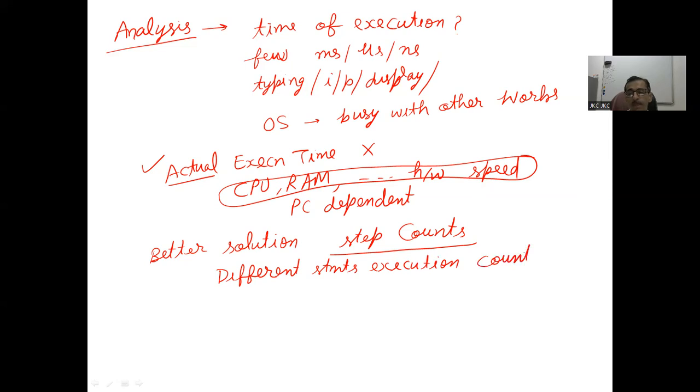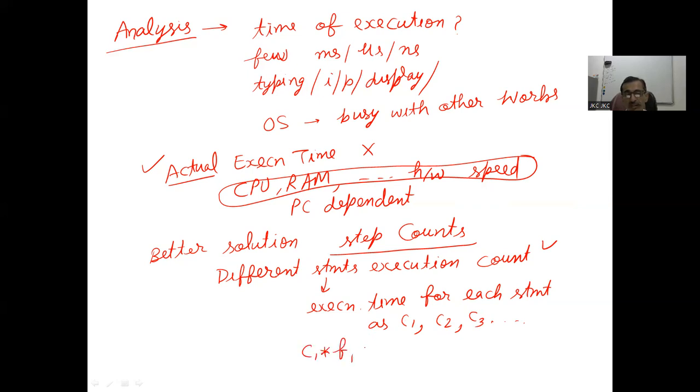If I can know that, then I will assume the execution time of each statement as a constant, C1, C2, C3, etc. Knowing the count or frequency, I will say C1 into the frequency of the first statement, plus C2 into the count of how many times the second statement was used, C3 into F3, like this.